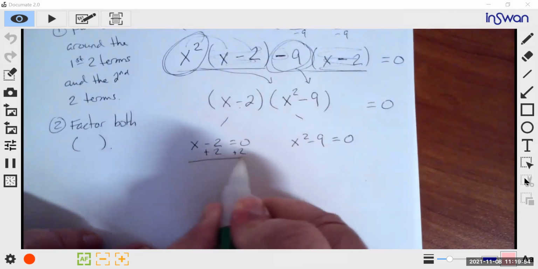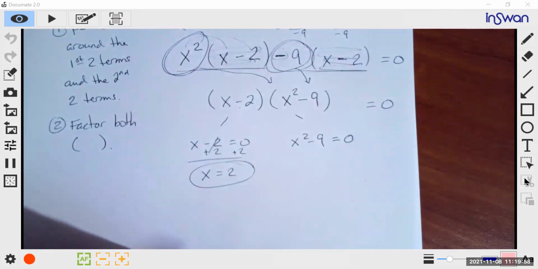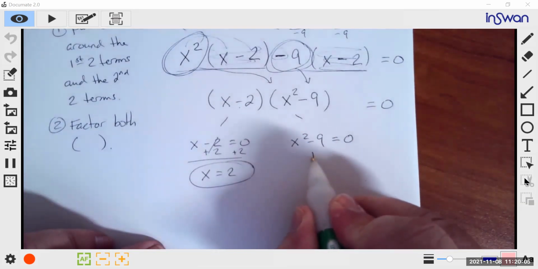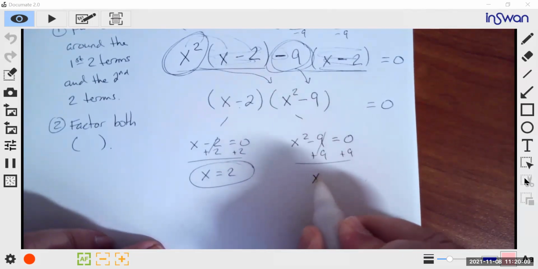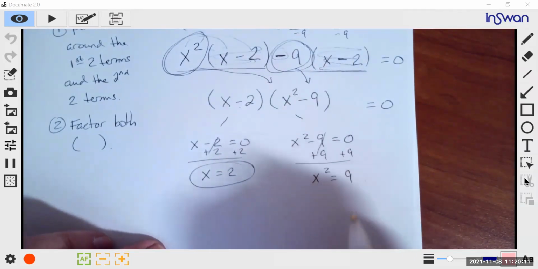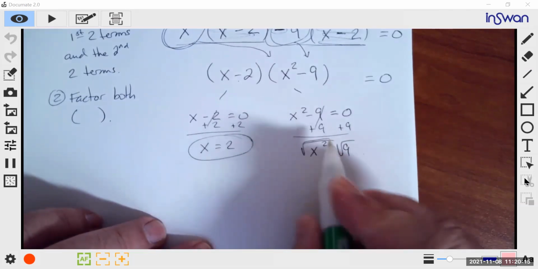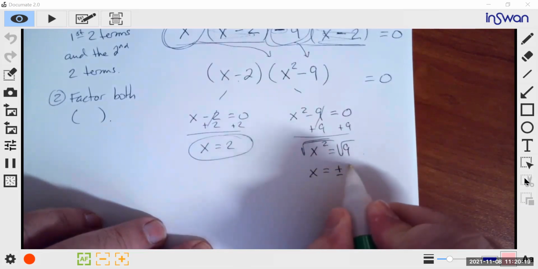Add 2 to both sides. And this one, add 9 to both sides. x squared equals 9. Square root both sides. So x equals plus or minus 3.